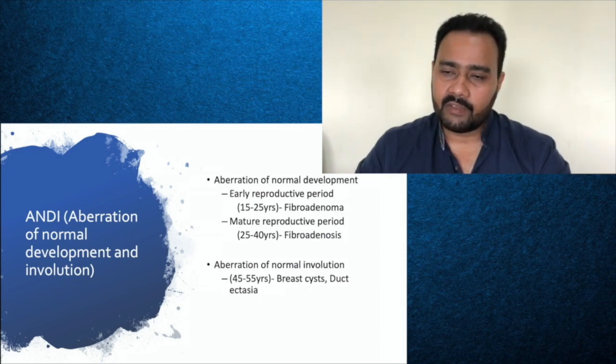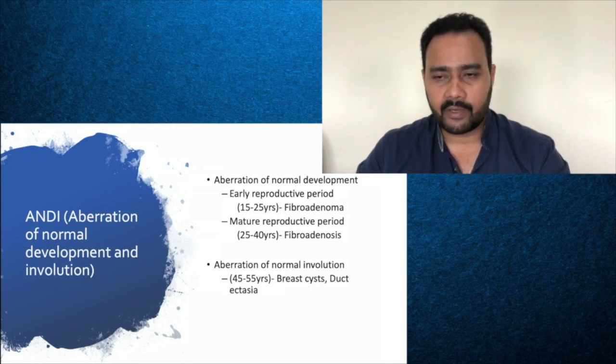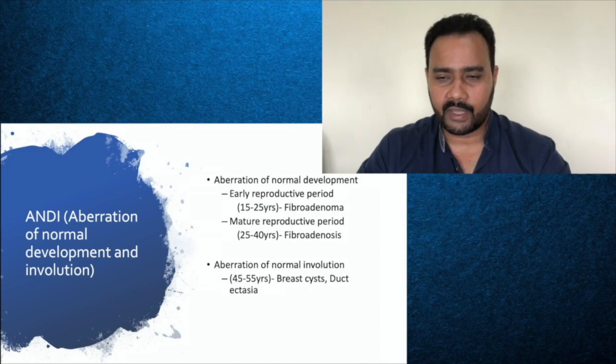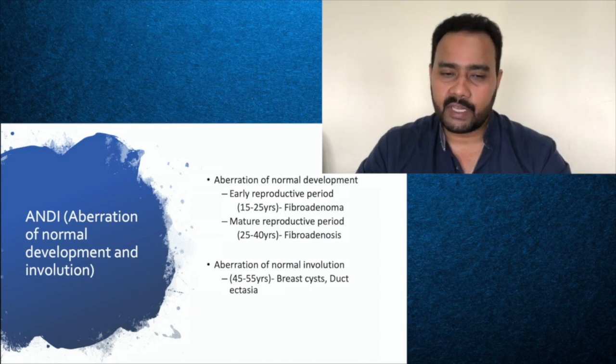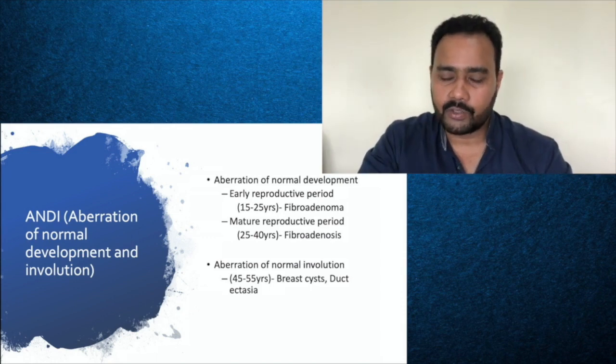There is a normal developmental phase of the breast, then a normal involution phase of the breast. In normal development, there are two kinds, the early reproductive period and the mature reproductive period, and involution occurs after 45. Whenever changes occur in that development and involution, that is what we call aberration of normal development and involution. So that is the second important thing we needed to discuss.